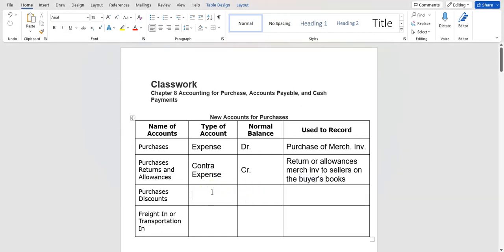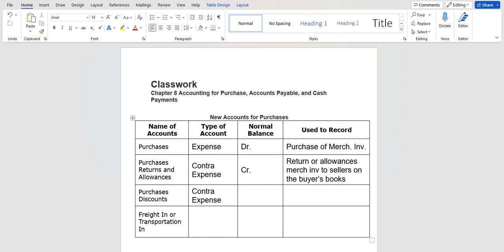Okay, then we have our purchase discounts. All right, and our purchase discounts are going to also be a contra asset. Sorry, I keep saying that, but I mean a contra expense. Okay, and a contra expense, like the purchase returns, just shows us our true net value of our purchases.